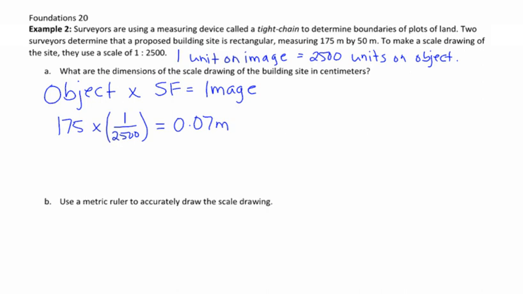It does ask us though to answer in centimeters because if we're going to draw on paper, we're probably not going to measure things in terms of meters and have 0.07 meters. We would multiply that by 100 to convert that to centimeters. So times 100 centimeters in 1 meter. Move your decimal 2 places, 7 centimeters.